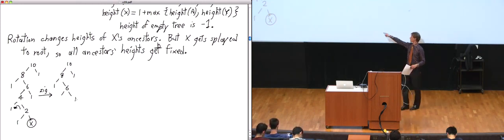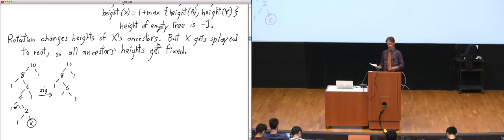When I do that rotation, the 2 moves up, the 4 moves down, except they're not really the right numbers anymore, but they're going to get recomputed.